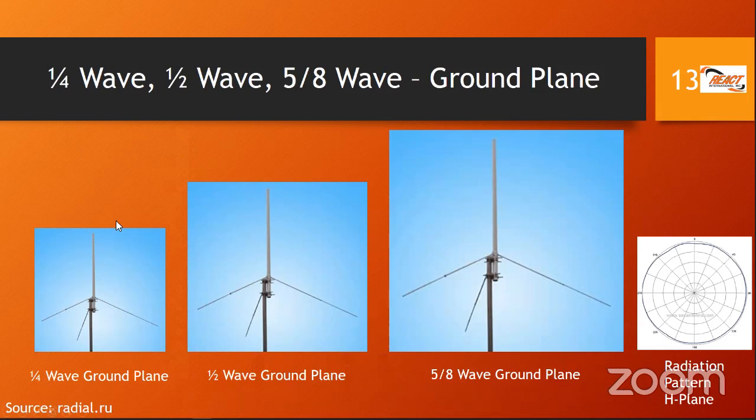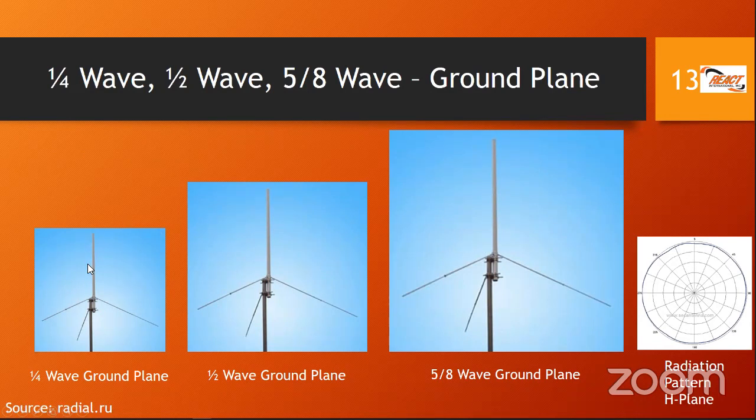Okay, so we will get to the question pool material in a little bit, but let's look at some things that we will be discussing when we look at the question pool. So we will come across the concept of a quarter wave ground plane, a half wave ground plane, and a 5/8 wave ground plane. We discussed that when we talked about radiation angles last class, and a little bit about a short while ago as well.